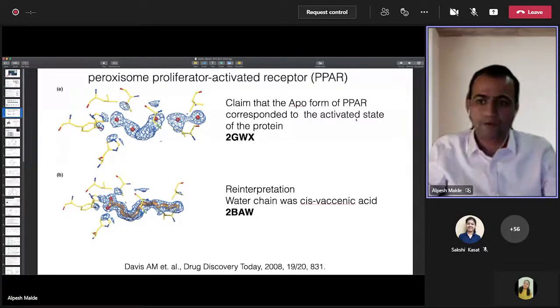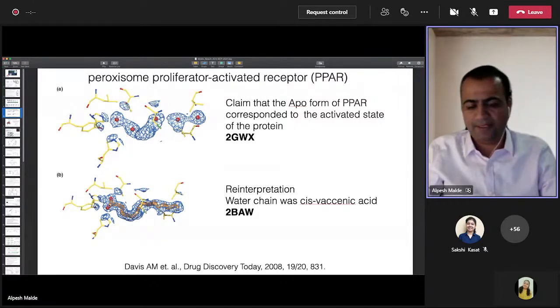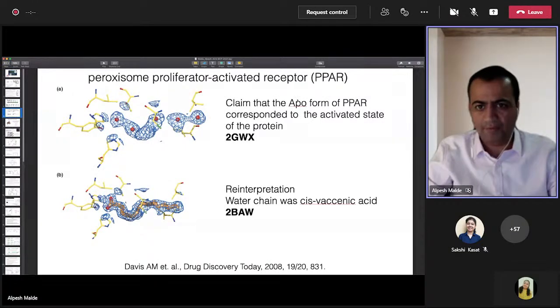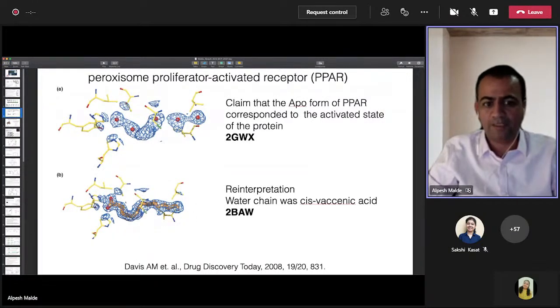Now the same group of researchers, after 2 years, went back and reanalyzed all this data, and they realized that no, it is actually not a chain of water molecules. There was a fatty acid in the crystal medium, and that is the one that got crystallized here. That is the reason the structure was not in the apo form, but was bound to a ligand like a small fatty acid.